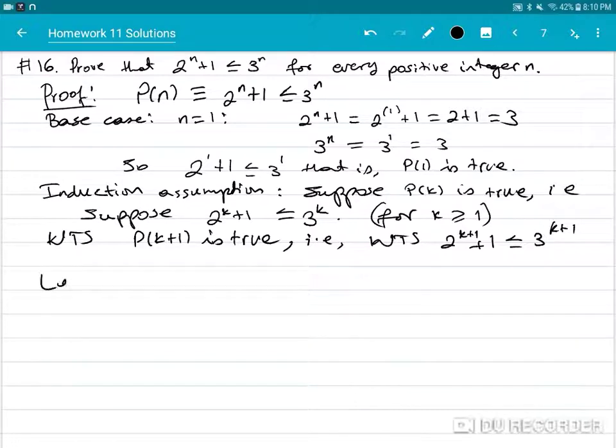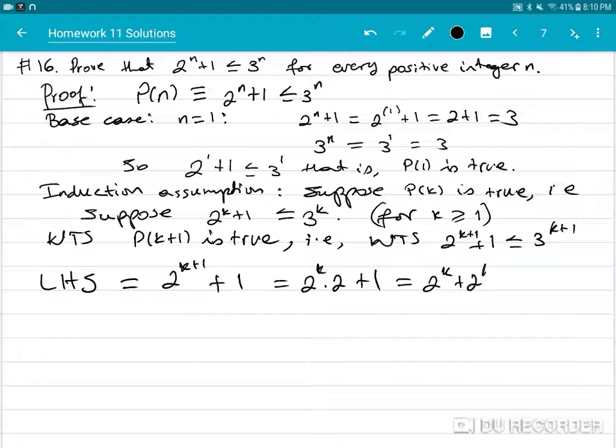So let's check the left-hand side of this statement. This is 2 to the power of k plus 1, plus 1. This is 2 to the power of k times 2, plus 1. Now, I want to make it less than or equal to 3 to the power of k plus 1. What I know is 2 to the power of k plus 1 is less than or equal to 3 to the power of k. So let's break this into 2 to the power of k plus 2 to the power of k, plus 1, because there are 2 copies of 2 to the power of k.